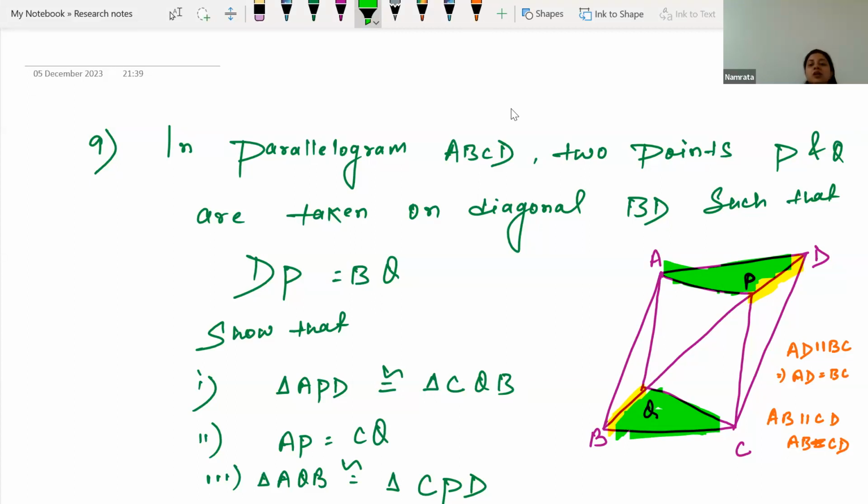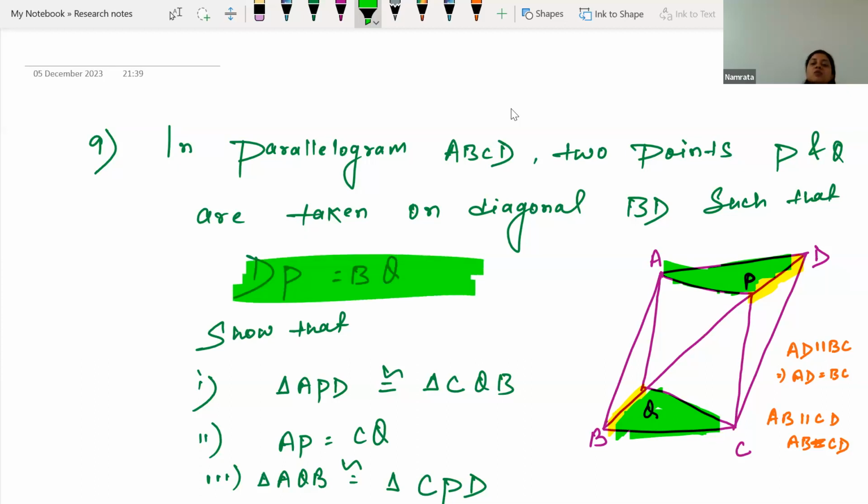As we have just listed, it's a parallelogram, so opposite sides will be parallel and equal to each other. So we know side AD and side BC are same length, right? We also know that DP and BQ are same, which is given in the question itself.